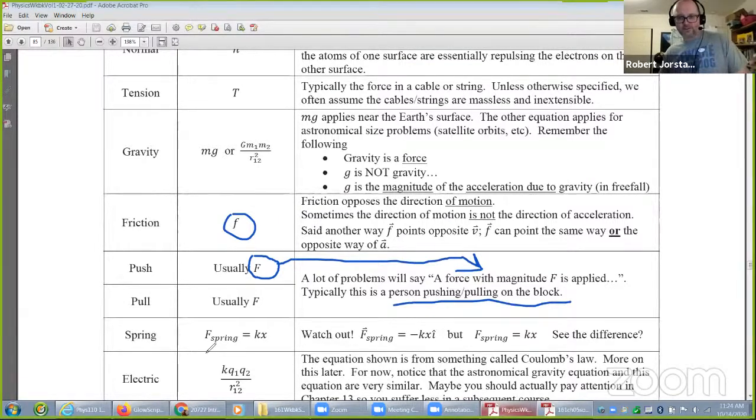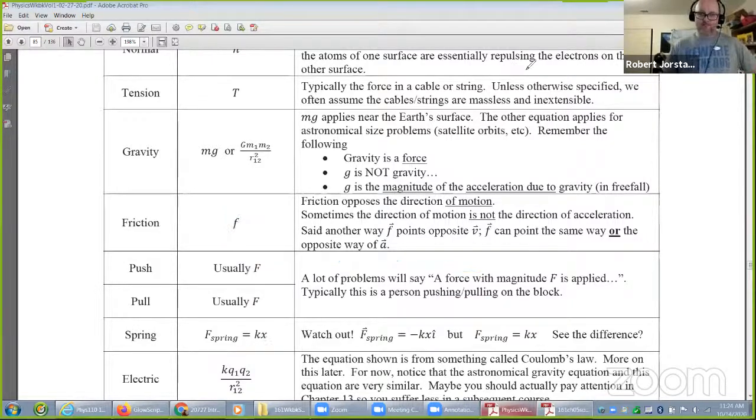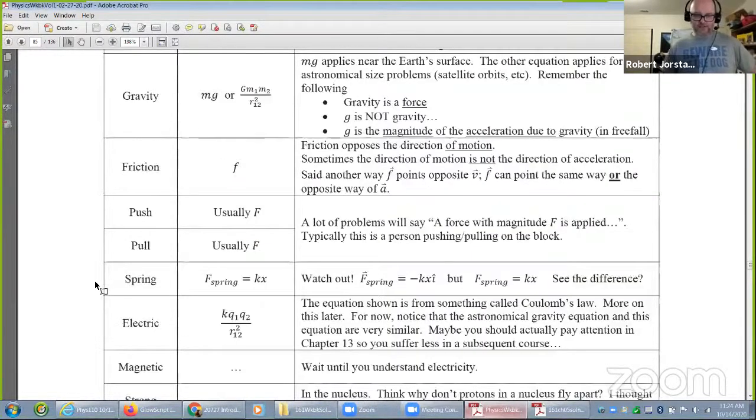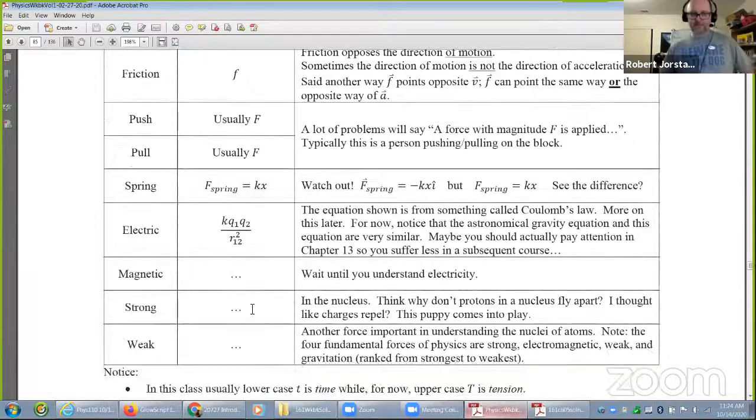Spring forces are tricky. Spring force magnitude is Kx. We'll cover that more in Physics 161. There are electric forces. There are magnetic forces, strong and weak, and all these other things. And then at some point, I'm like, you know what? Let's just wait till you understand the basics before you go in to do all these things.